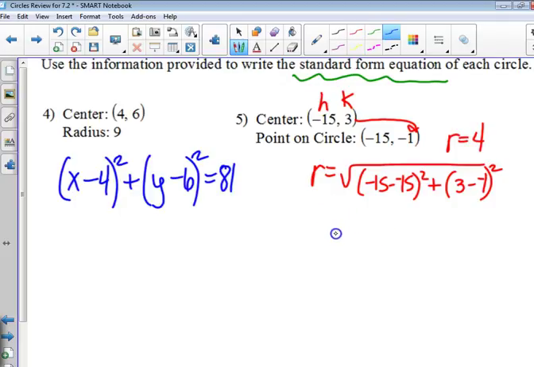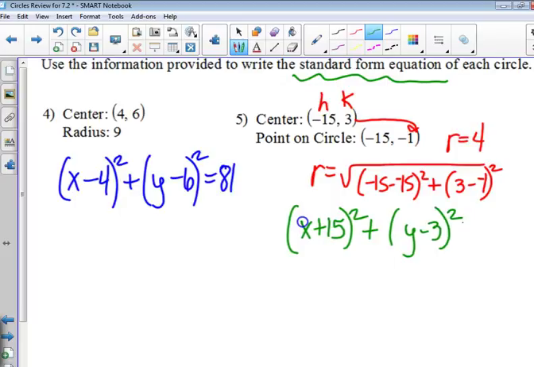All right. So this would come out square root of 16, which is 4. That's the radius. Now what's the formula look like, or the equation of the circle, guys? 16, right? Because radius squared, everybody all right?